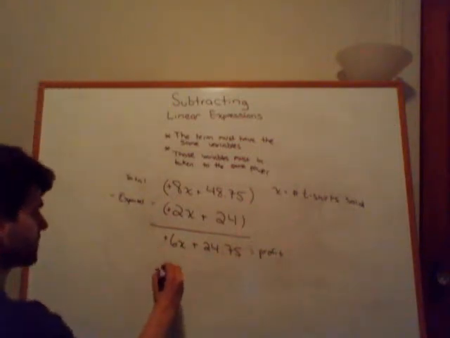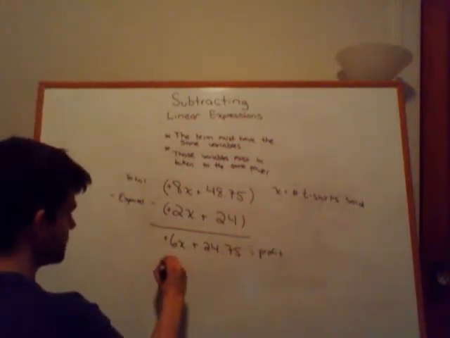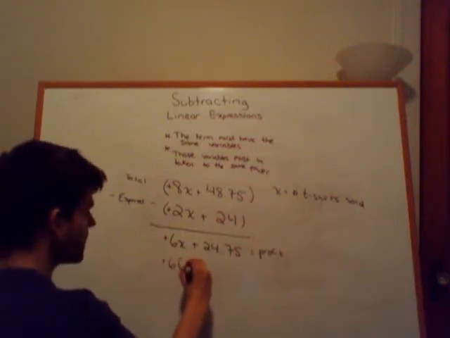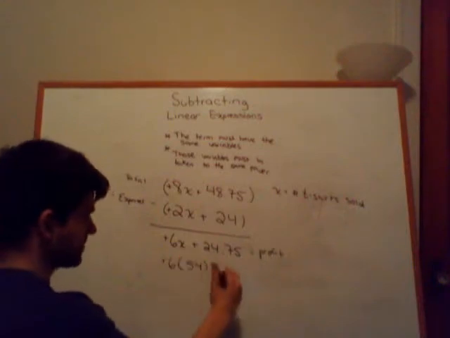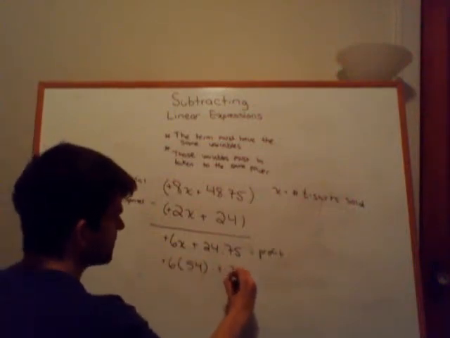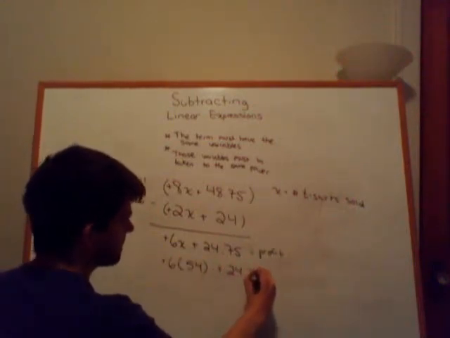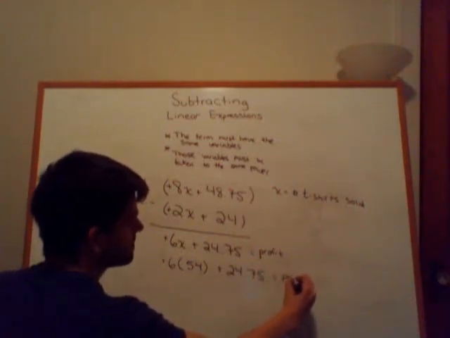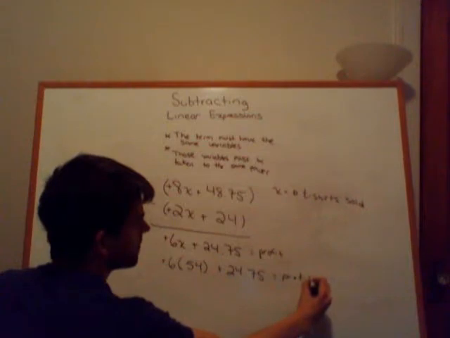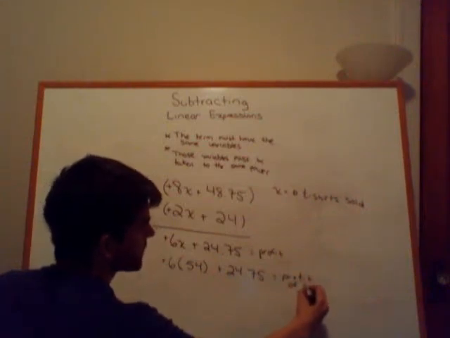So here's what you do. You're going to take positive 6, sub in 54 for x, then add 24.75. And again, this is going to equal the profit of 54 shirts sold.